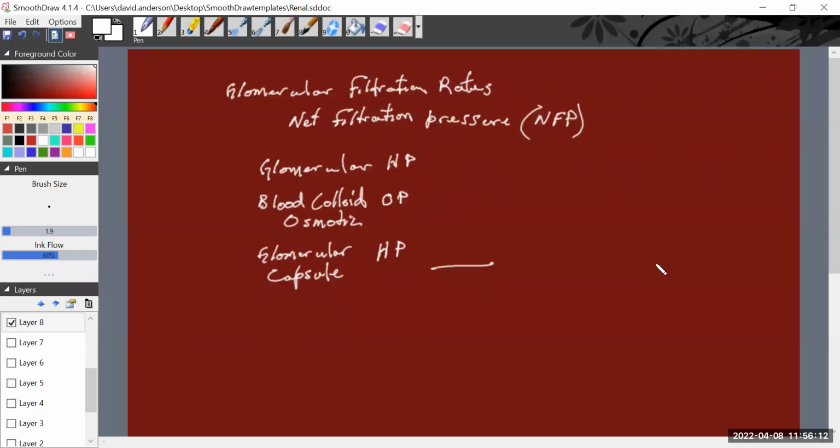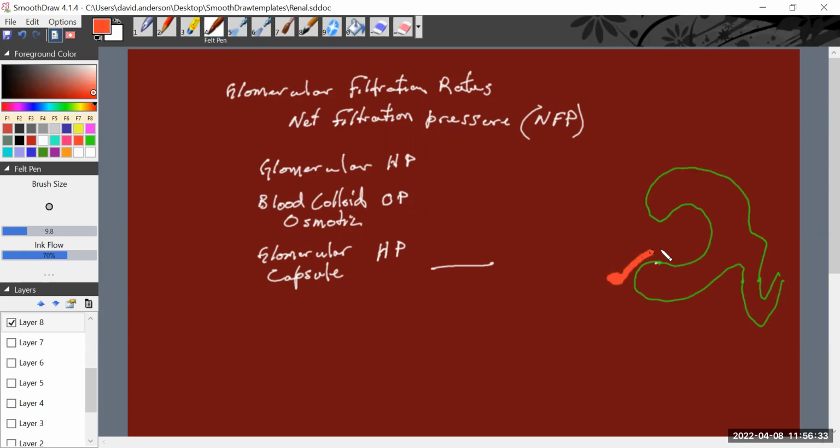So if we do a schematic over here, we'll draw our capsule to look like this. And then we're into the tubular system down there, okay? And our blood vessel is going to look like this.